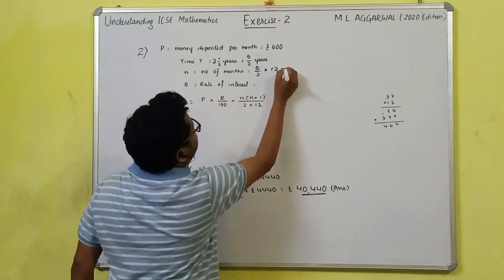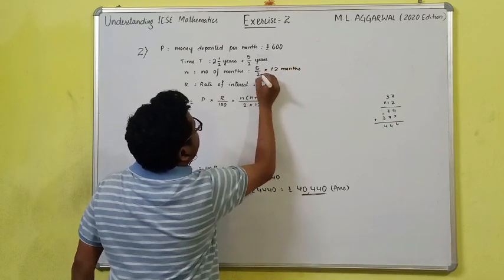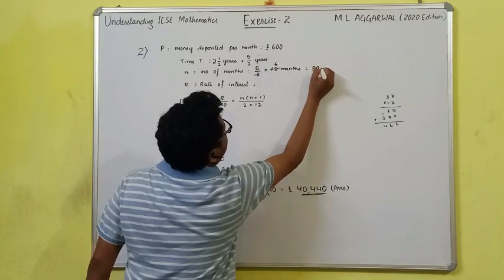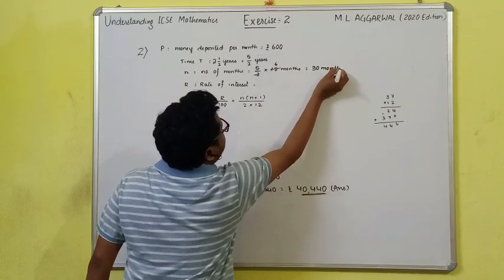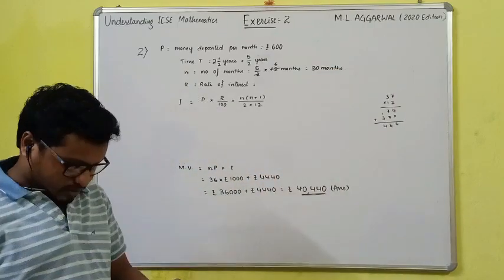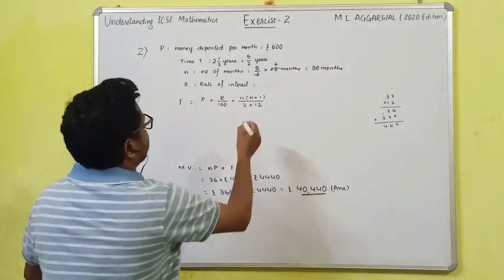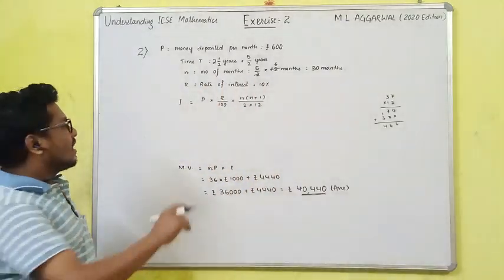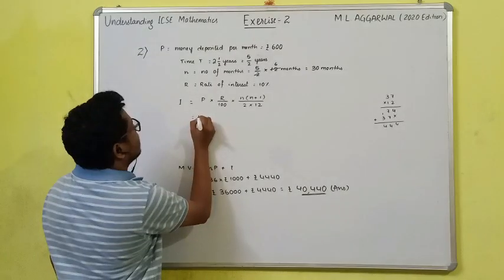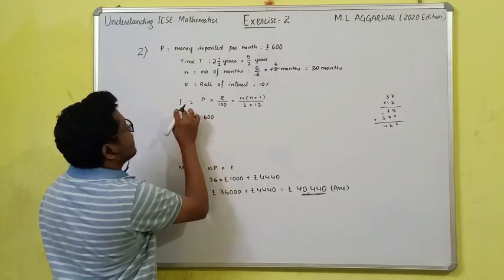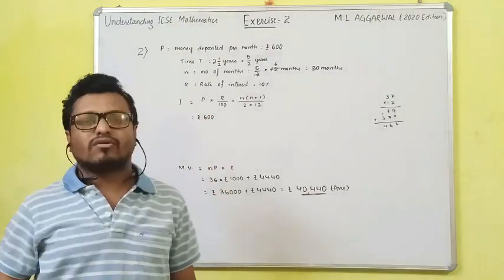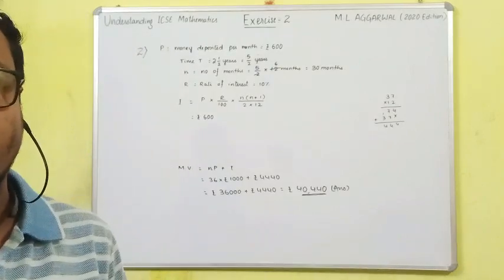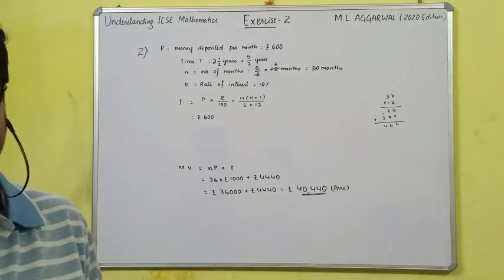So 2 6s are 12, so it will be 30 months. And as per your question, rate of interest is 10%. So I have written all the necessary things. Now let's go for the question. See, now the interest formula is I is equal to P into R by 100 into n bracket n plus 1 by 2 into 12.